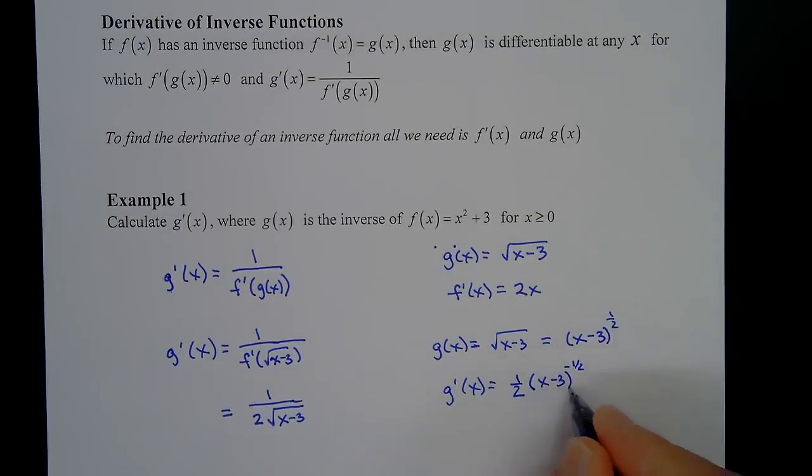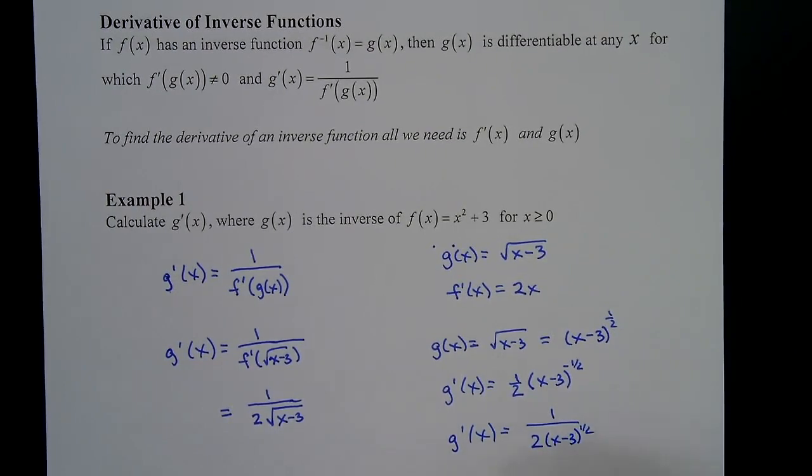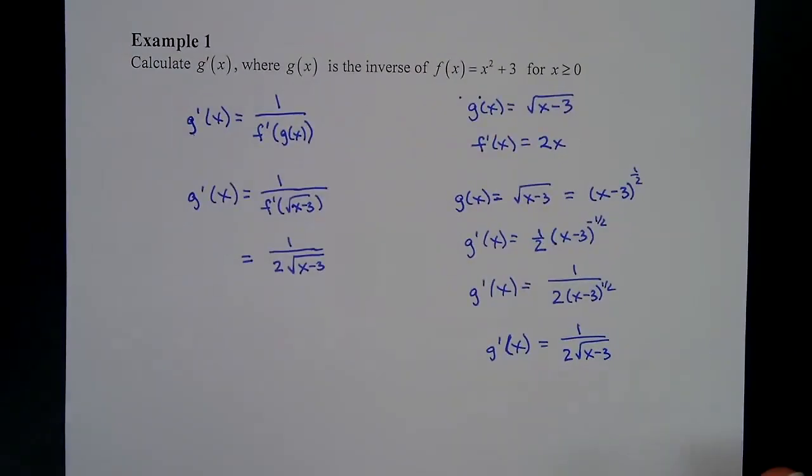And then take the derivative of the inside function, which would just be dx over dx, which would be 1, so we don't need to write it. And then g prime of x would therefore be 1 over 2 times x minus 3 to the 1/2, which really is the square root. So g prime of x is 1 over 2 square roots of x minus 3.